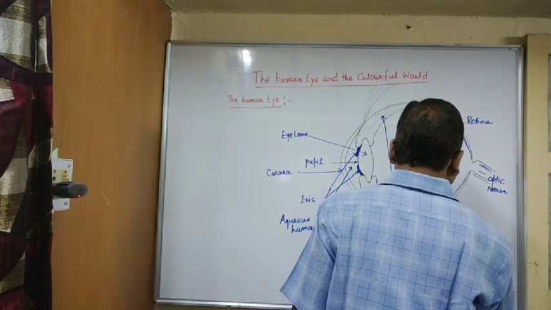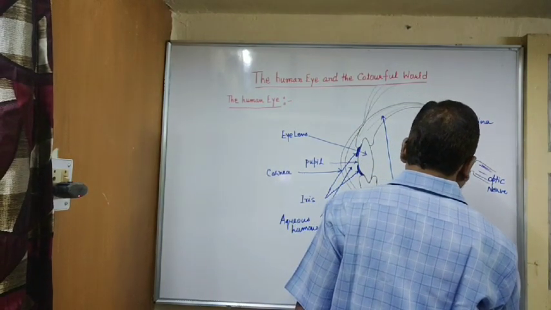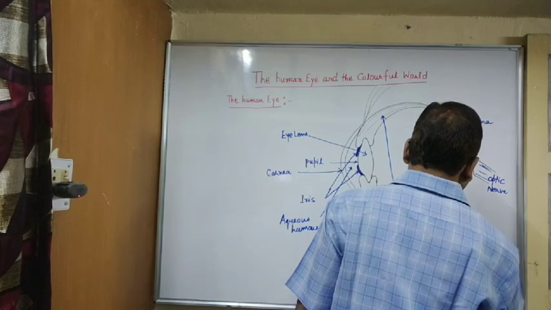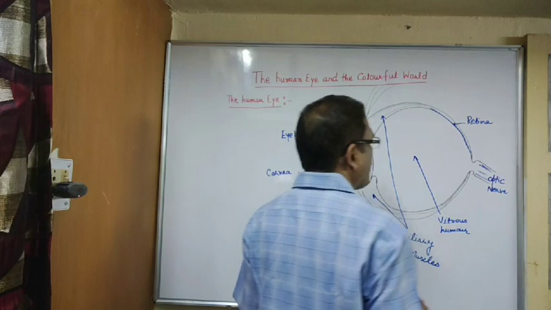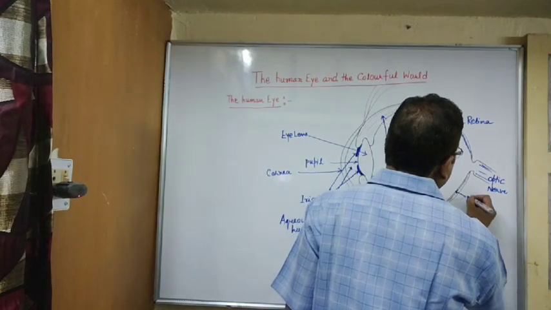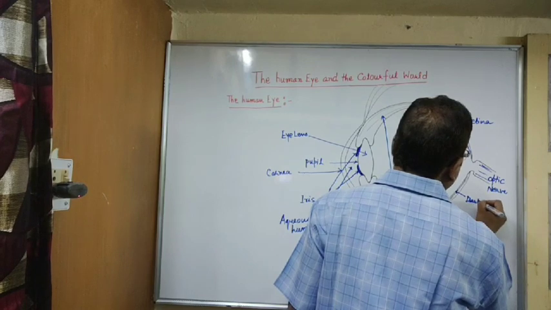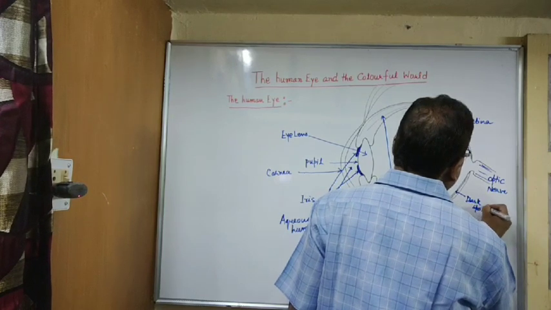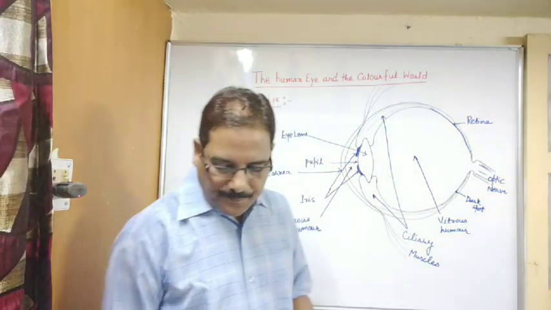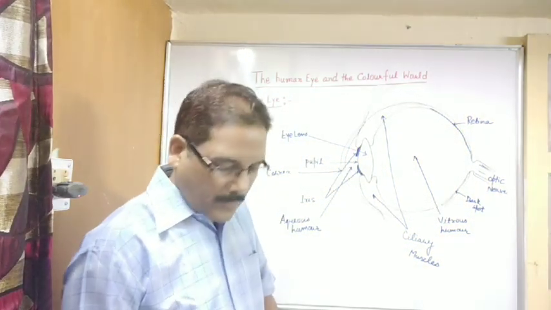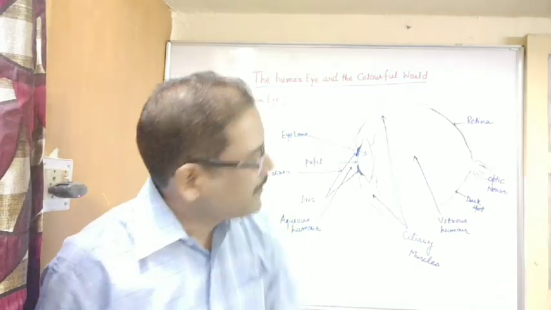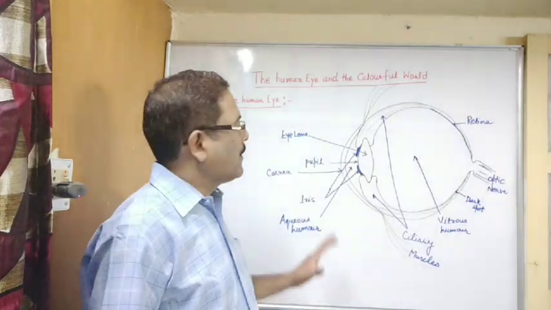This liquid is known as vitreous humor. And somewhere here we have a dark spot. It means if any image is formed here, then we are not able to see it. So this is all about the human eye.